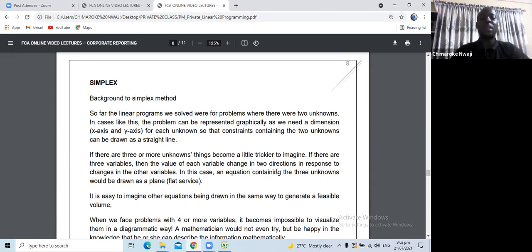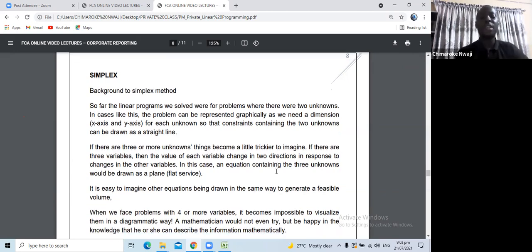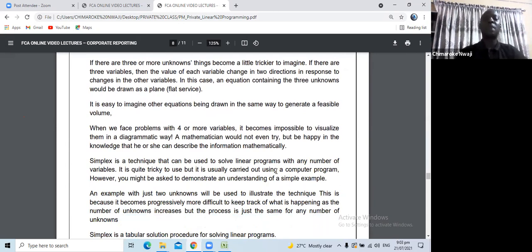Here you'll be seeing axis X, axis Y, and axis Z. You can still imagine it a little. When the X-axis is changing, it goes in relation to Y and Z. But when we are faced with 4 products, and you have more than one limiting factor affecting them at the same time, it becomes impossible to imagine them in a diagrammatic way.